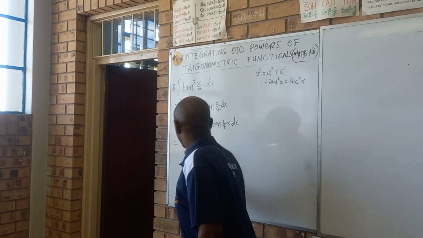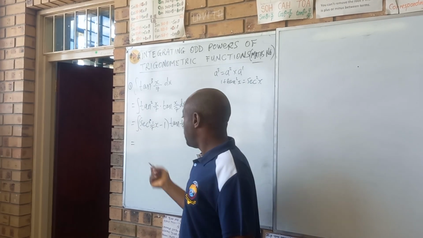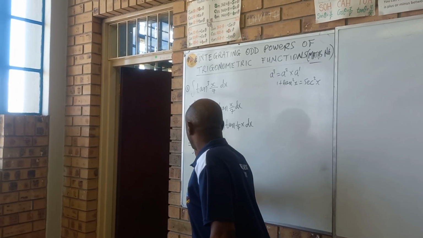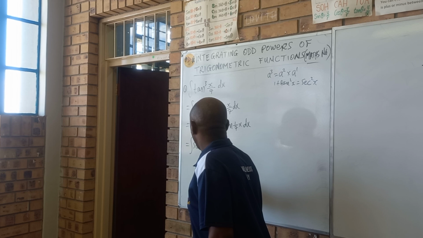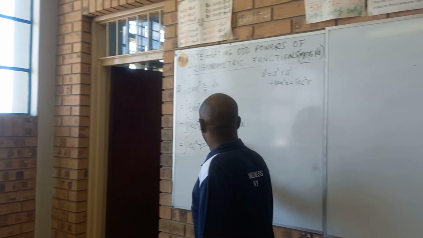If I open the bracket, the tan 1 over 7x will multiply there and form the first integral: sec square 1 over 7x multiplied by tan 1 over 7x dx.